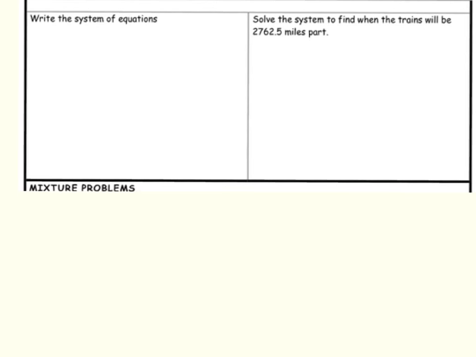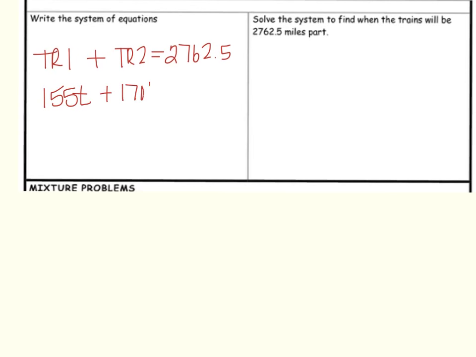We know that the distance that train 1 travels plus the distance that train 2 travels has to equal 2,762.5 miles. The distance train 1 travels is 155t. The distance train 2 travels is 170t, again for a total distance of 2,762.5 miles.